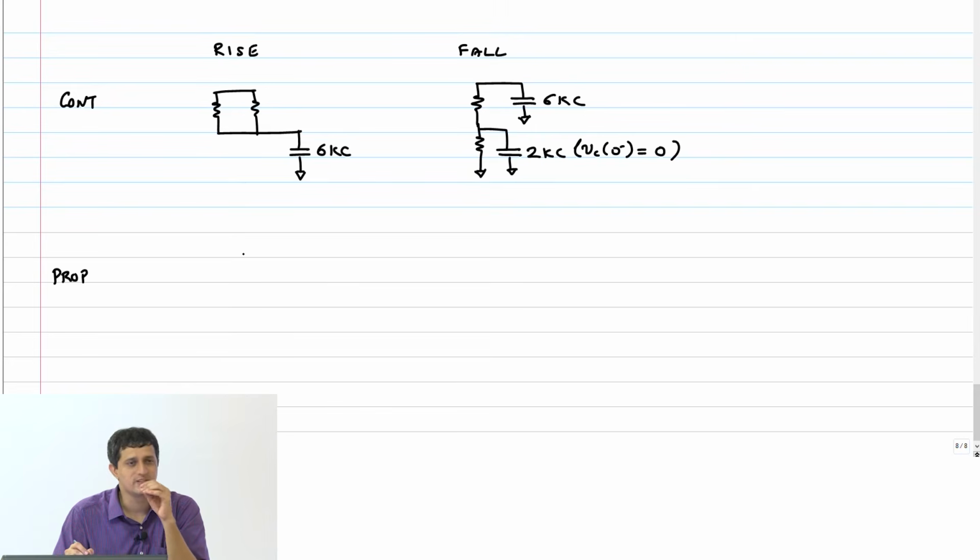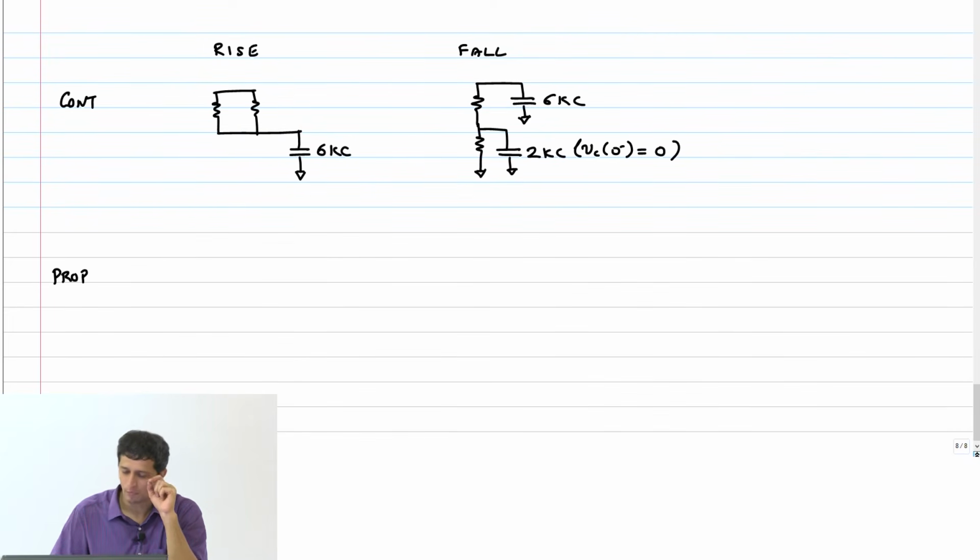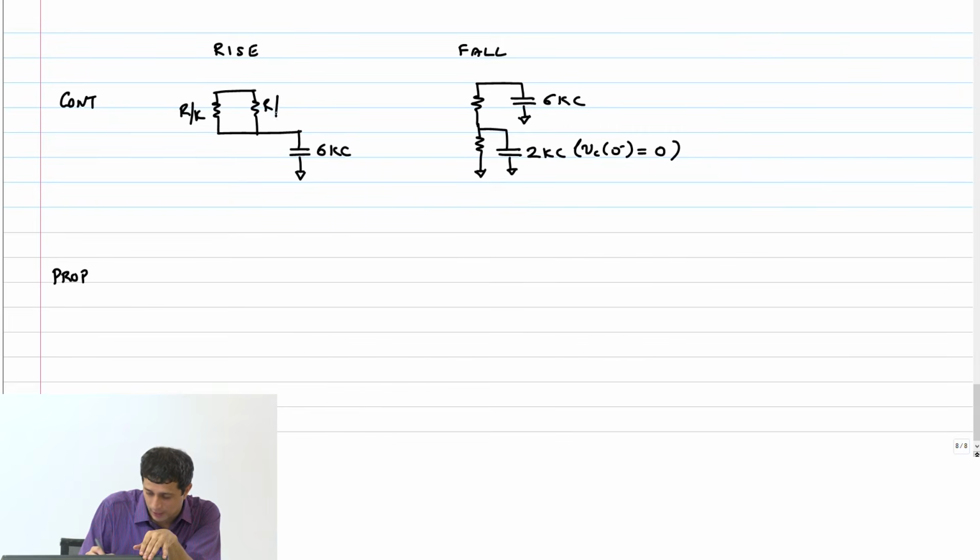So for rise delay, what's the value of each resistance of the PMOS transistor? R. So you get 2R by 2K. So you get R by K. R by K. And this is, what about the NMOS?